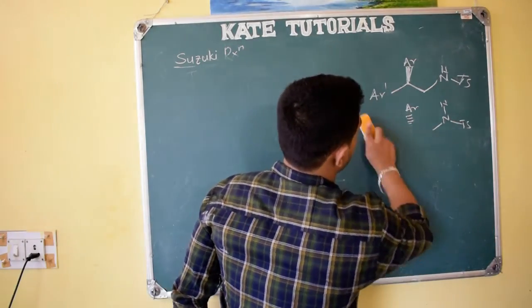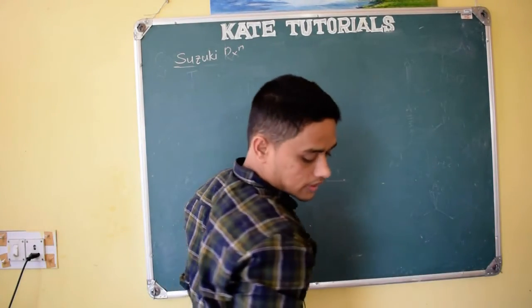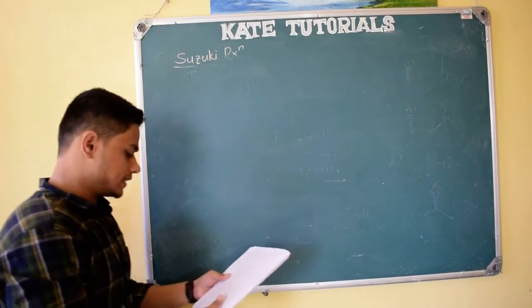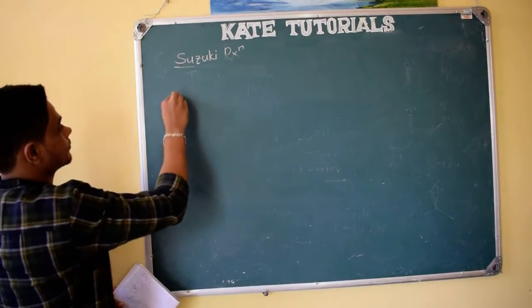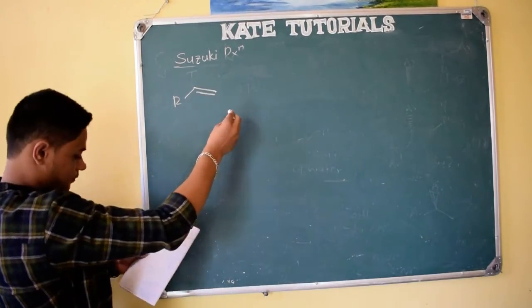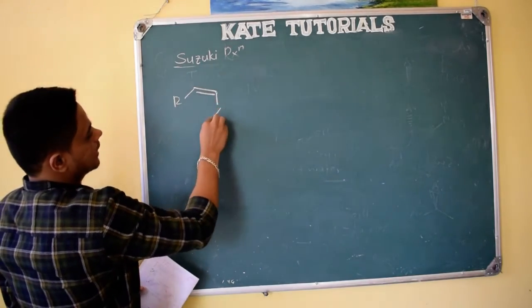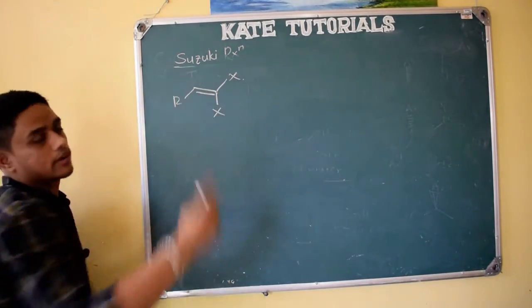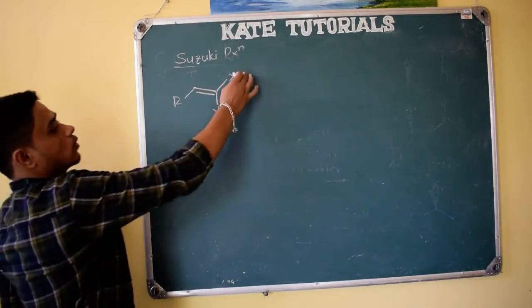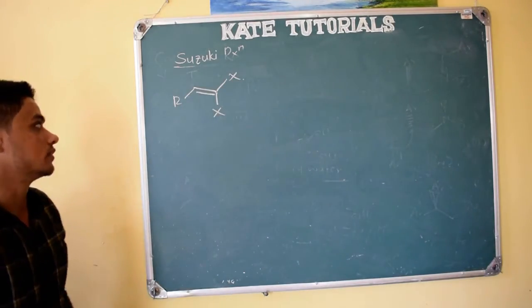Let us see one more, last example of the Suzuki reaction. It is also very easy. See here, R, halogen, any kind of halogen. Here also any kind of halogen. Chlorine, bromine, same kind of halogen.